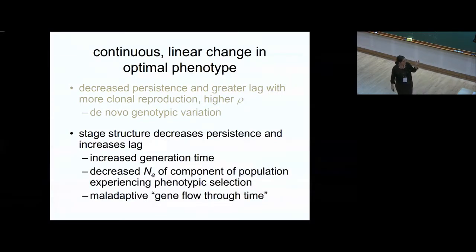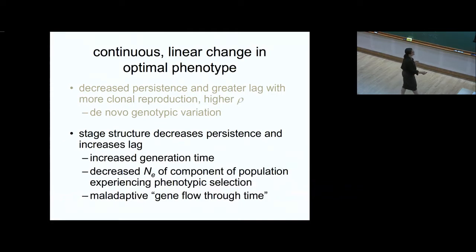If the population's near the carrying capacity, which it was, at least initially, for all but some of these that were really going extinct, then the proportion of the population that is juveniles, that can actually be under selection, is small compared to the proportion that's adults. So we have more adults. It basically decreases the effective population size of the component of the population that can undergo selection. So it makes selection less efficient.